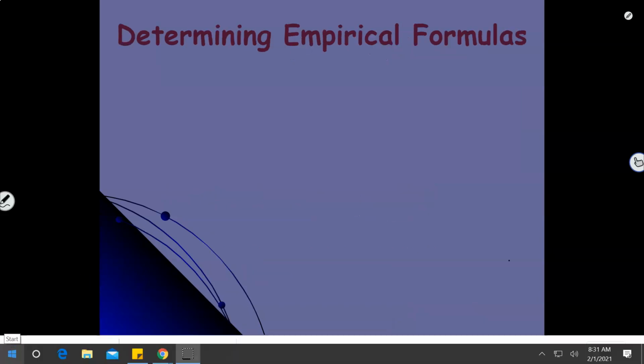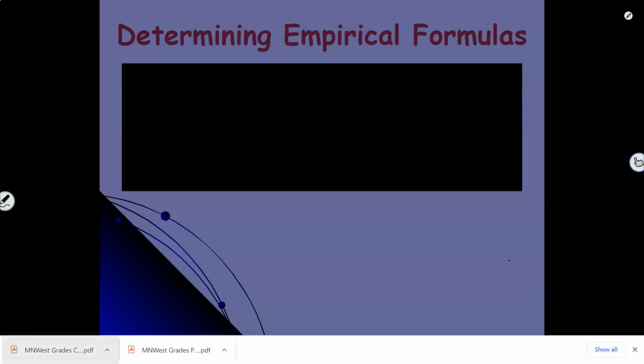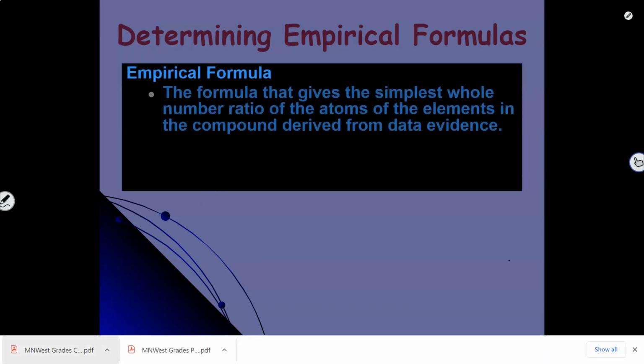We are also going to look at determining the empirical formula. Remember, the empirical formula of a compound gives the simplest whole number ratio of the atoms of the elements in the compound, derived from data evidence. We did this when figuring out the empirical formula for zinc chloride.